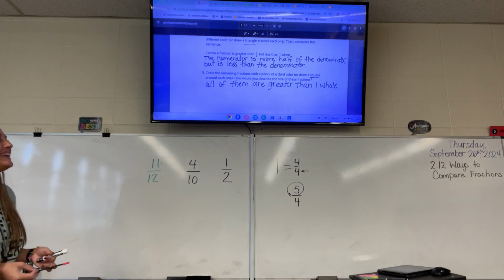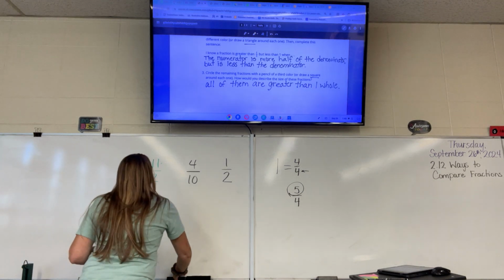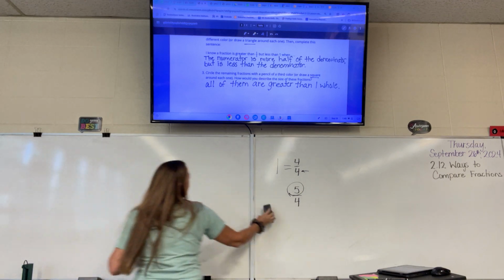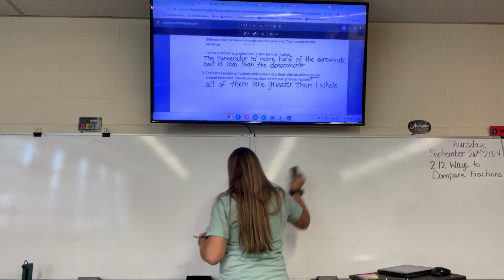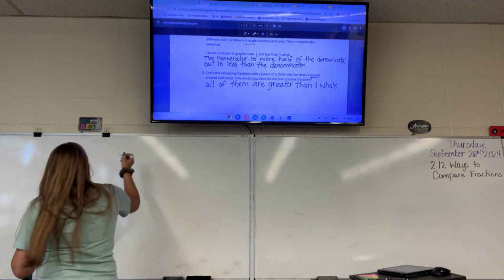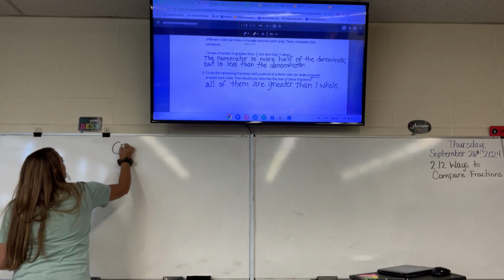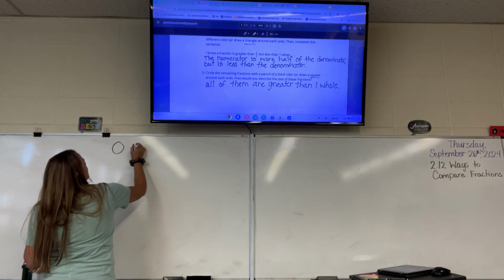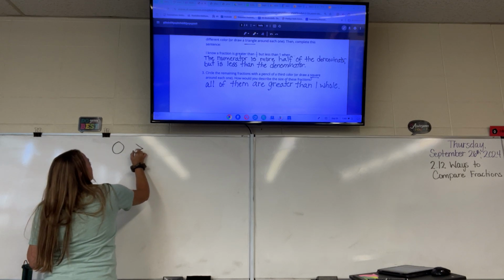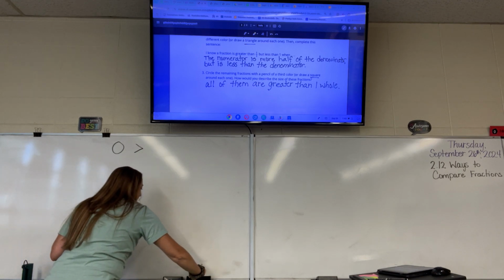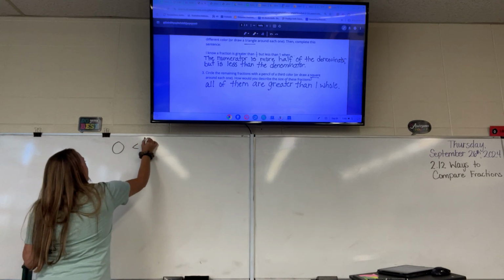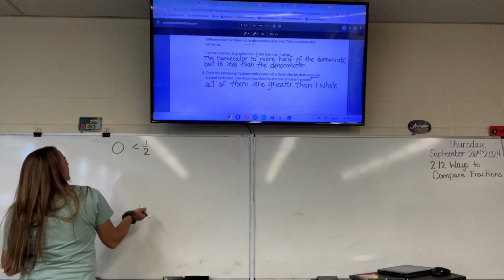We have to make a key. And a key looks like this. If somebody just opens your book and looks at this, they'll know what it is. So circled fractions are less than 1/2. Circle equals a fraction less than half.